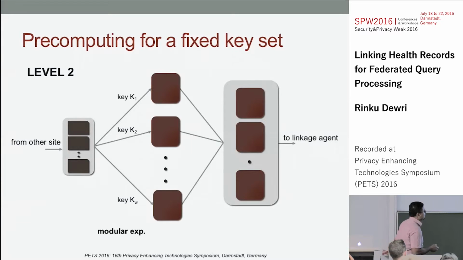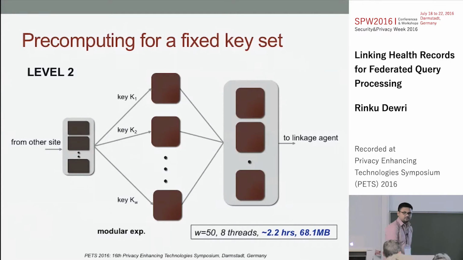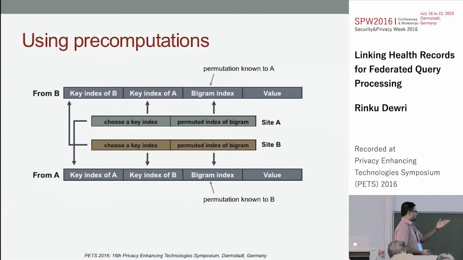So we apply the keys, do the modular exponentiations, and then we get the second-level precomputation, which is sent to the linkage agent. Okay. And to do this in the same setting, it's going to take around 2.2 hours, and the output is around 68 megabytes. Of course, this is after we do some truncation. Okay. You don't have to keep the entire 256 bytes of the output. You can keep just enough so that every entry is unique in there, which in this case was 6 bytes.